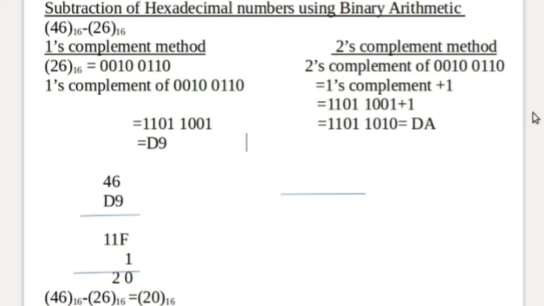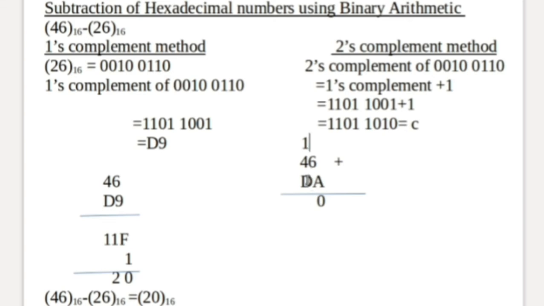That is DA. Next add the numbers 46 and DA. A plus 6: A is equal to 10 in decimal, so 10 plus 6 is 16. The hexadecimal equivalent of 16 is 16 minus 16, 0, that is 10. The carry goes to the next bit.